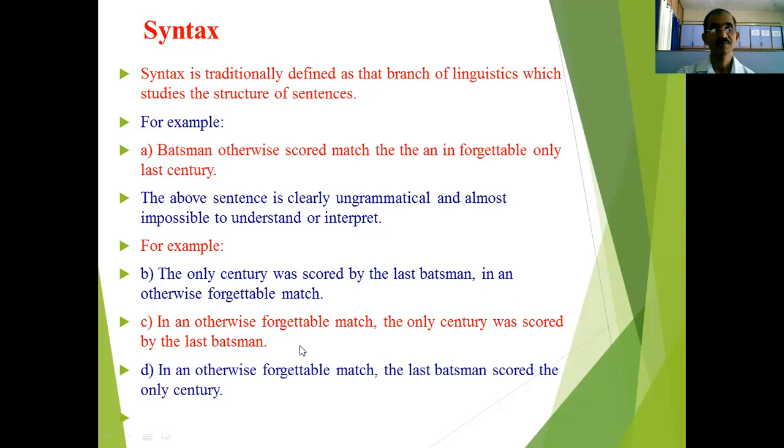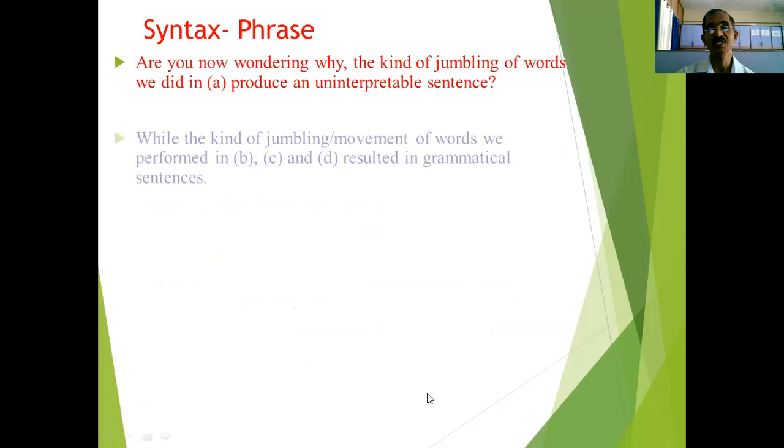In an otherwise forgettable match, the only century was scored by the last batsman. And in an otherwise forgettable match, the last batsman scored the only century.